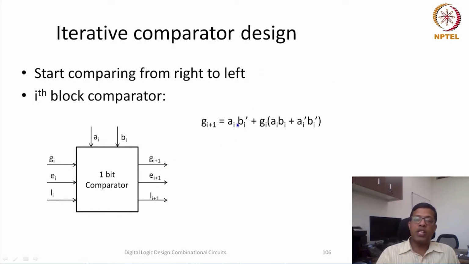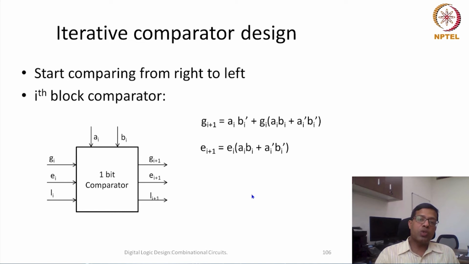So in other words we can say Gi+1 would be 1 if Ai is 1, Bi is 0, or if Gi is 1, that means my A was greater than B for the (i-1)th bits, and my current bits Ai and Bi are both the same. That means either both are 1 or both are 0. Then we can say that A is greater than B till the ith bits.